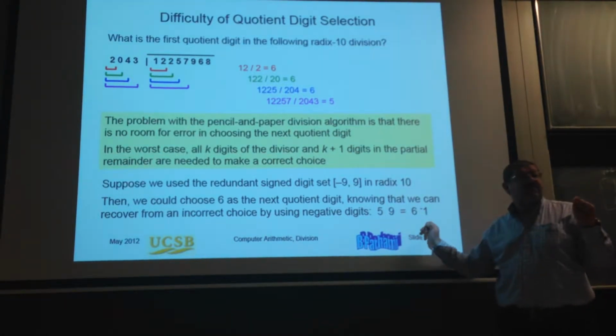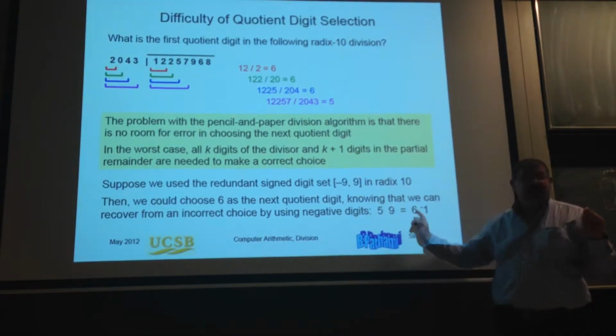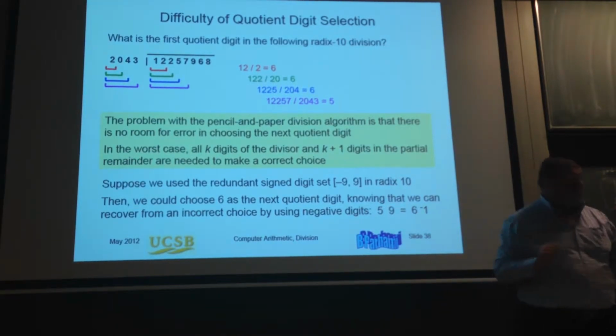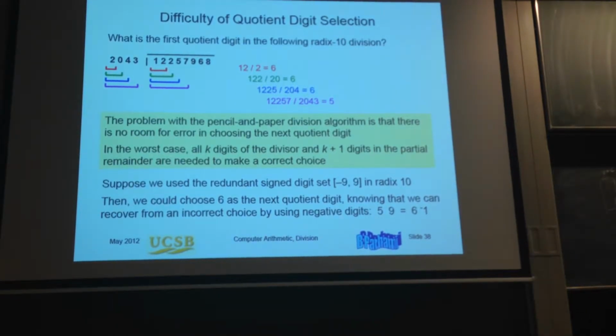This will preserve the value. But if I don't have redundancy, I don't have such a possibility. This is one thing that I learned, that redundancy can and will help me.